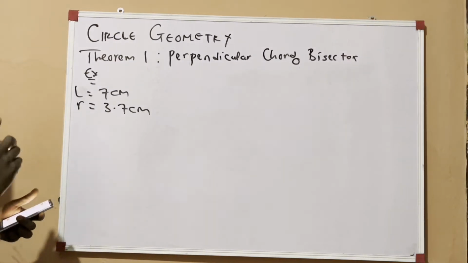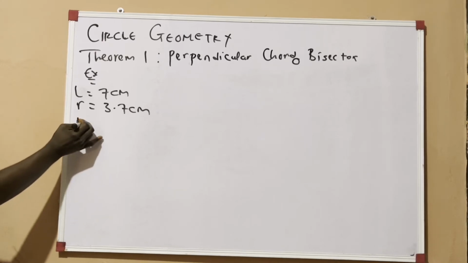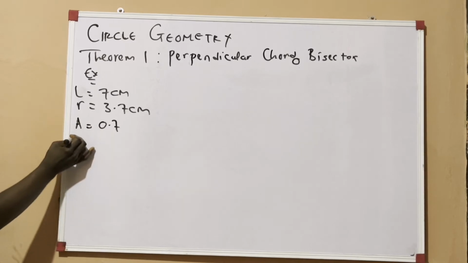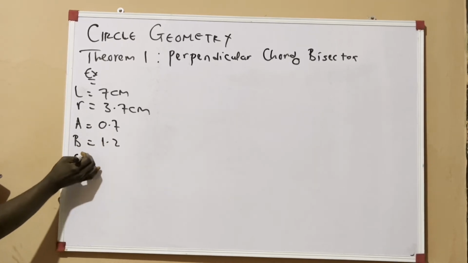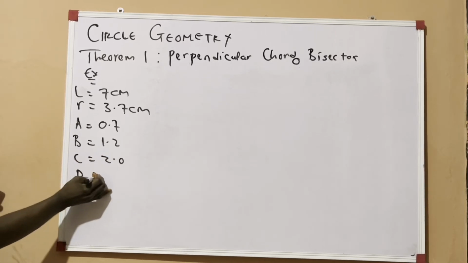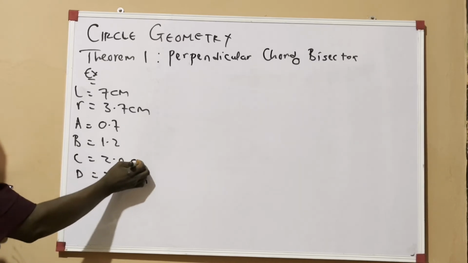The options given are A is equal to 0.7, B is equal to 1.2, C is equal to 2.0, and D is equal to 2.5, all in centimeters.